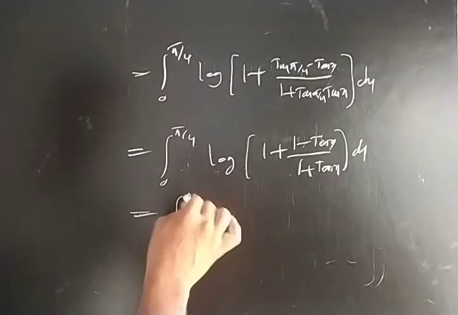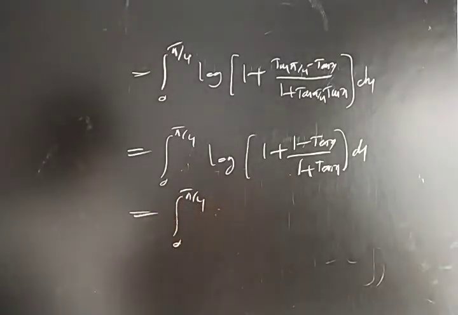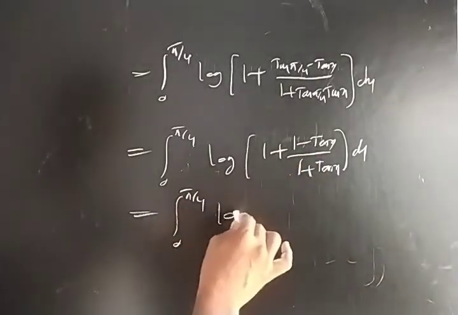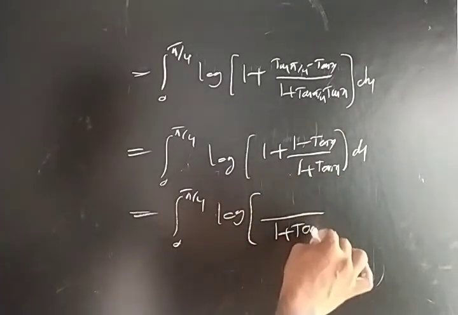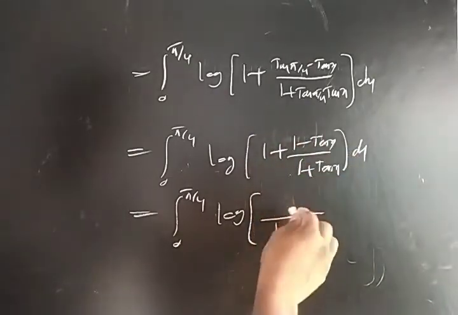So by simplifying here, log of, by taking the LCM, 1 plus tan x is the denominator, and in the numerator the tan x terms cancel, and you will get 2 dx.